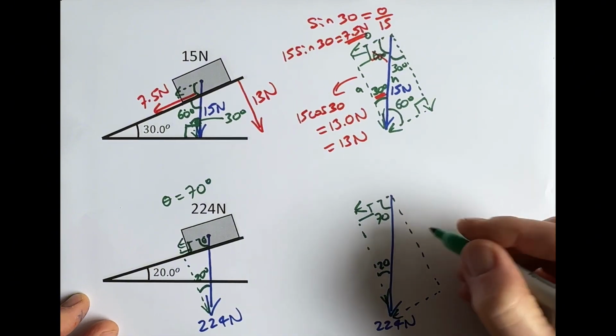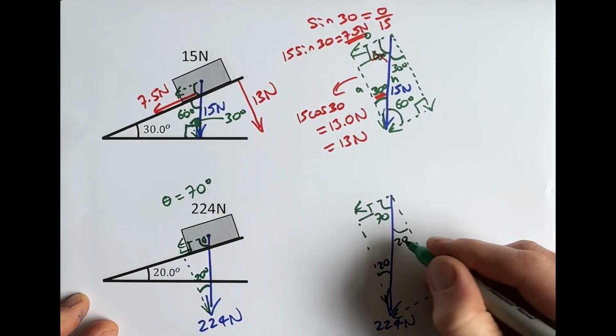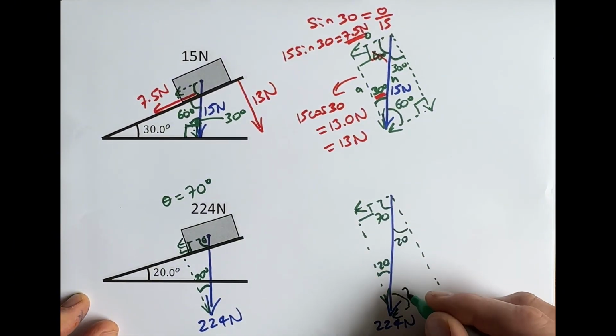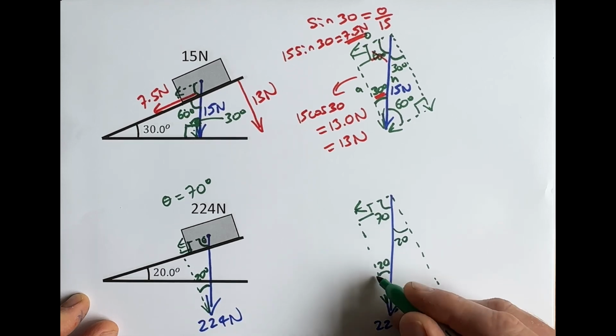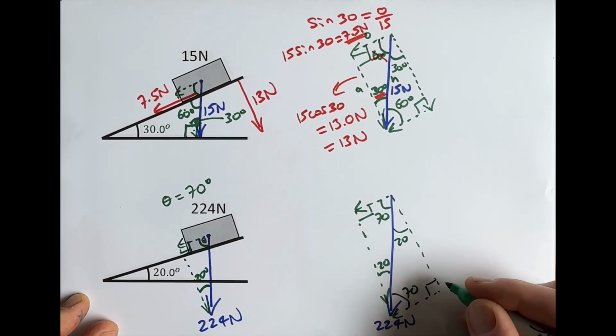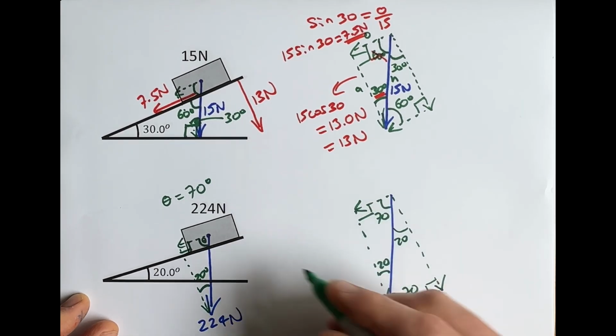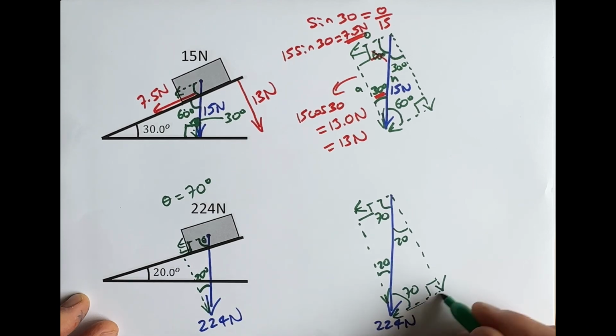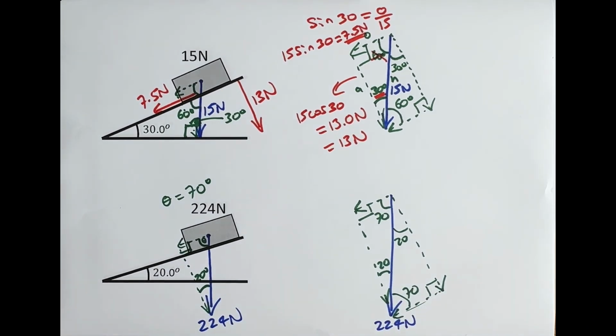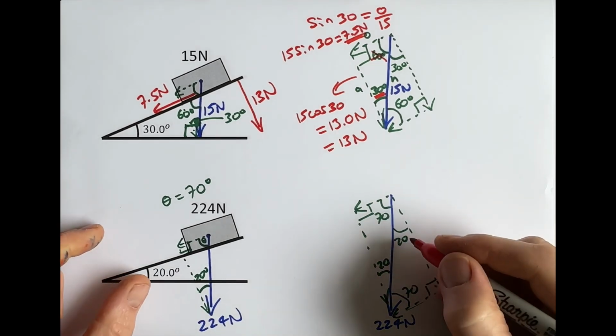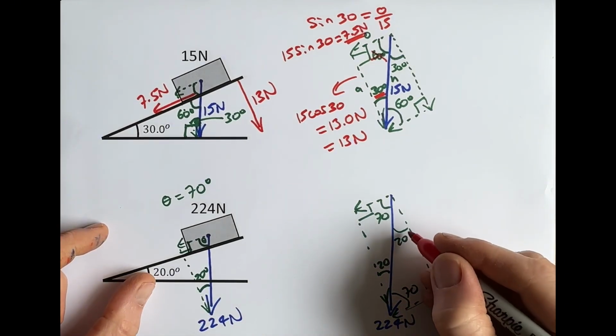Okay, so this angle here is 20. This angle here is 70, so 20 plus 70 makes up the 90 degrees there, and that's 90 degrees, okay? So that's the component of the weight that is perpendicular to the slope. This is the component of weight that is along the slope. Okay, so to work these out, again, we're going to use this 20-degree angle here.